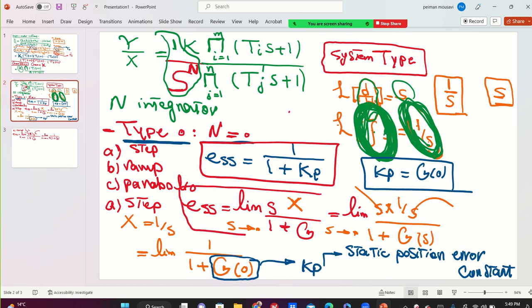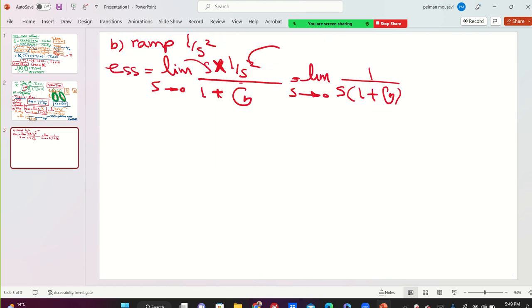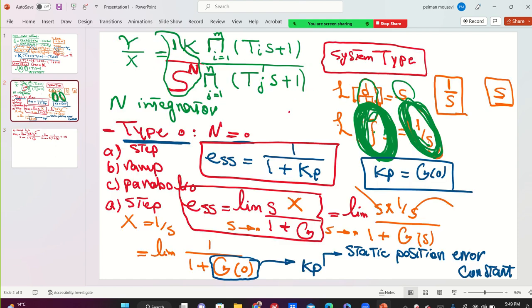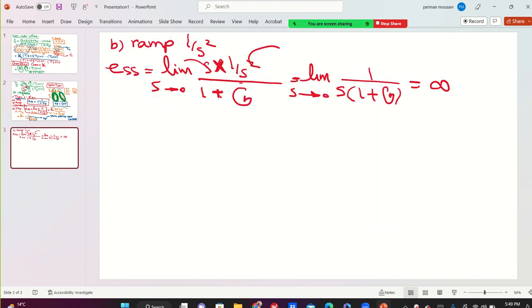Final value theorem. So when s goes to 0, this becomes infinity. Meaning that if your system is type 0, means has no integrator by itself, not by controller, if you apply a ramp, error signal goes to infinity.